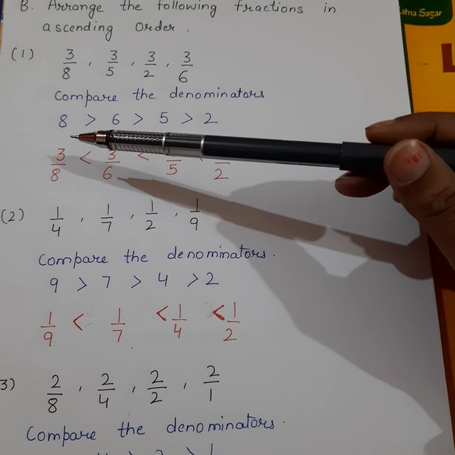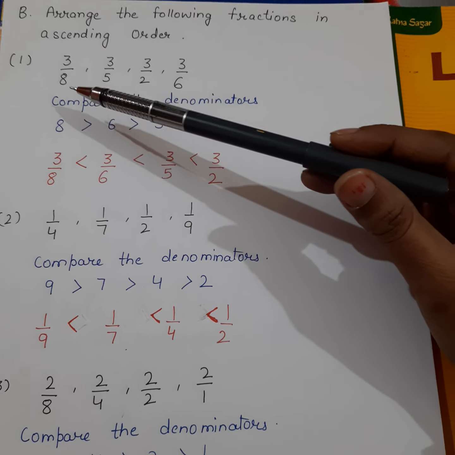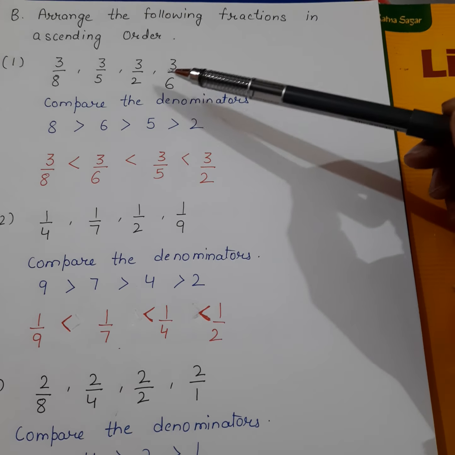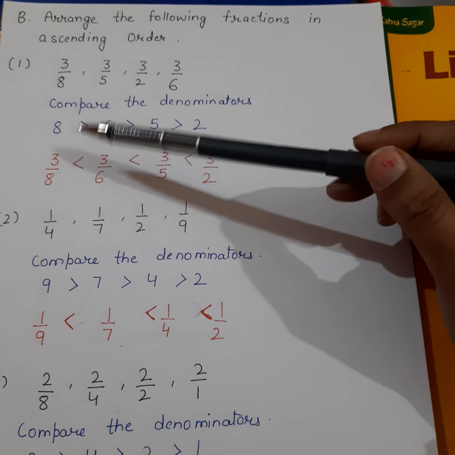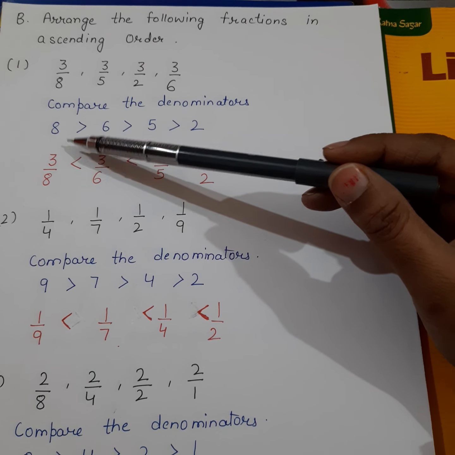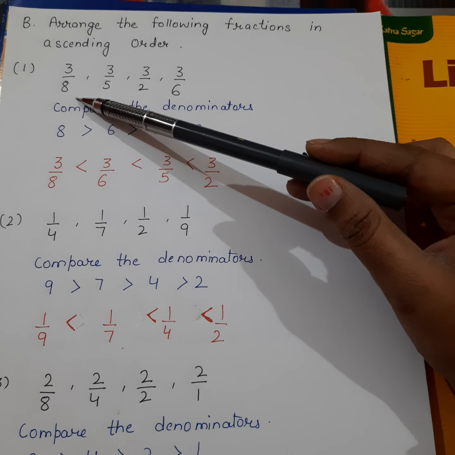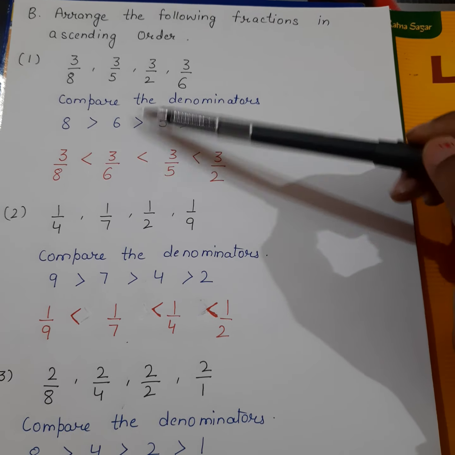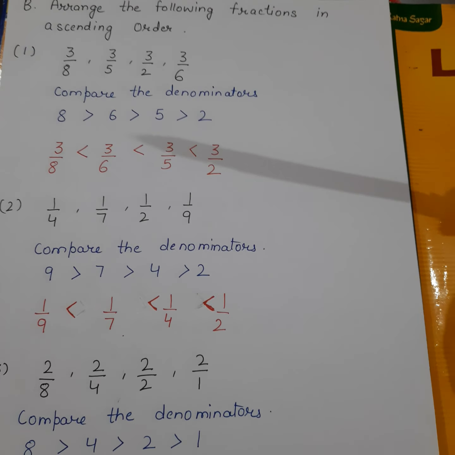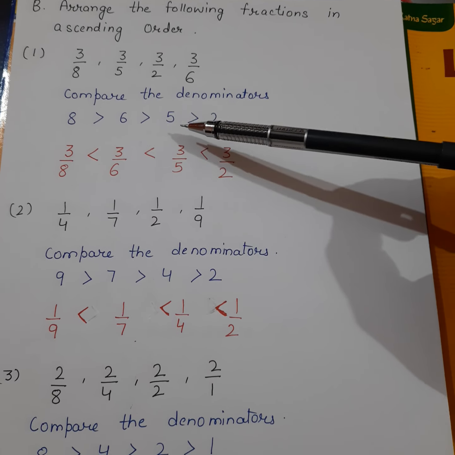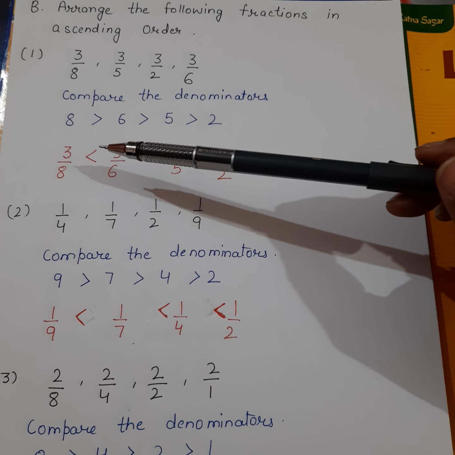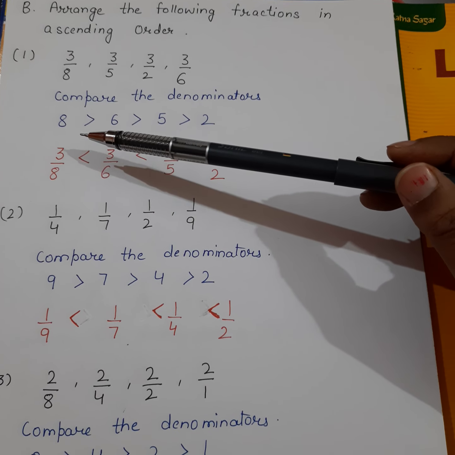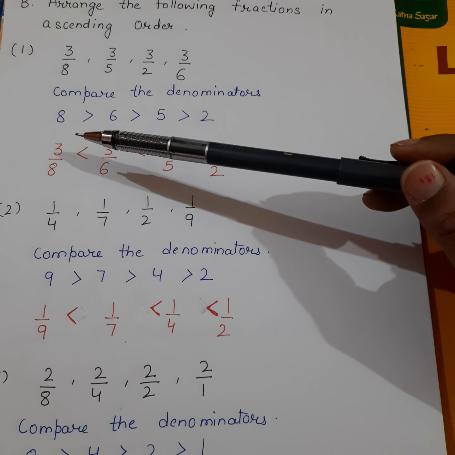So 8 is the bigger one, then 6, then 5, then 2. So 3 by 8 is the smallest fraction, then 3 by 6, then 3 by 5, and then 3 by 2. Keep this in mind: the fraction with the bigger denominator will be the smallest one, right?